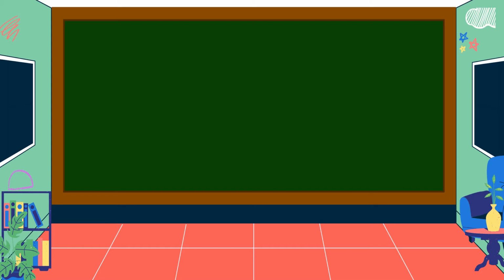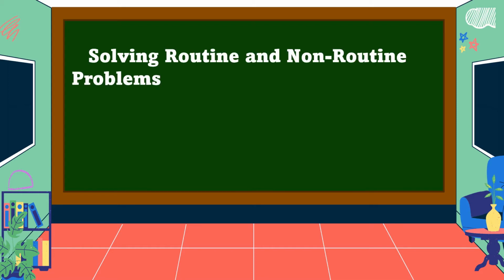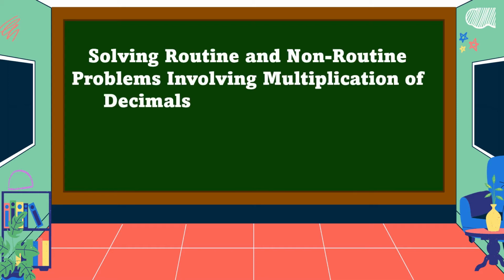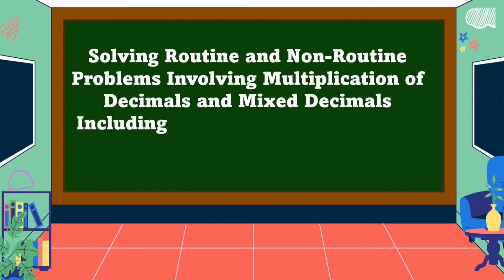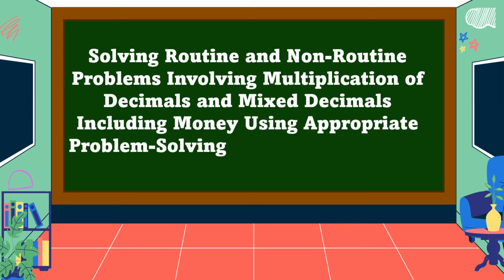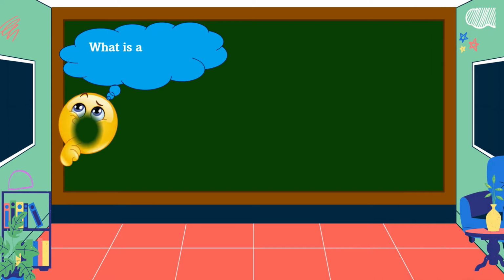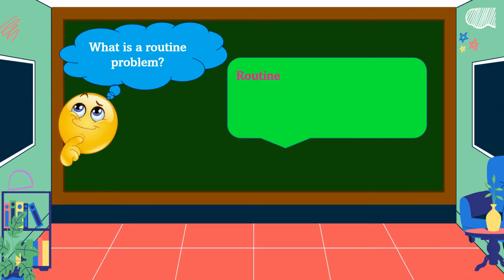Our lesson for today is all about solving routine and non-routine problems involving multiplication of decimals and mixed decimals including money using appropriate problem-solving strategies and tools. What is a routine problem?